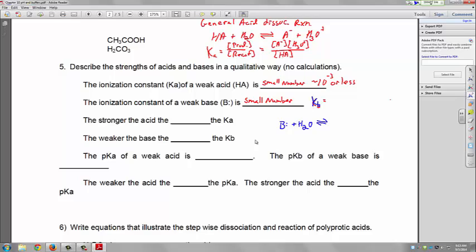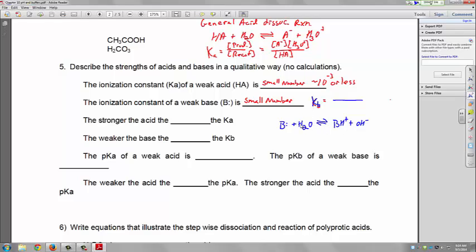All right, so here's our base with its unshared pair of electrons. That's what makes these things Bronsted bases. It's going to accept a hydrogen from water, so we get BH plus. That's our conjugate acid. The conjugate acid of base B is BH plus, and OH minus. So the Kb here, again, is simply a ratio of products over reactants.